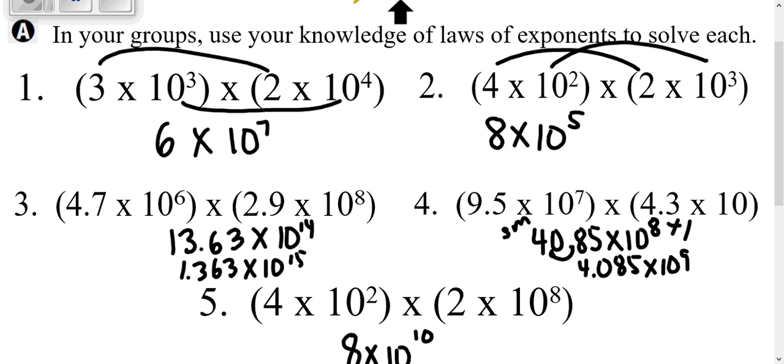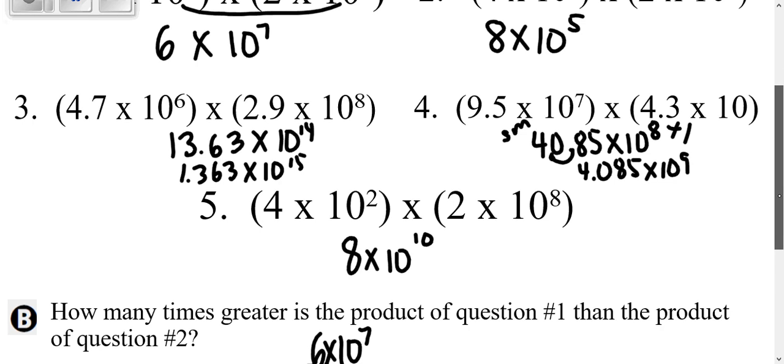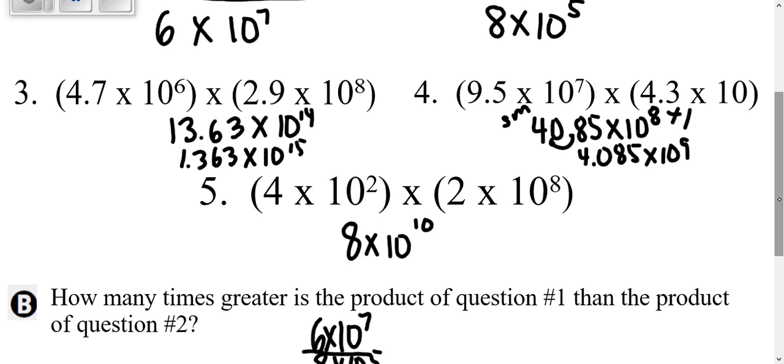Okay, so we're back, and the first 2 we did. And the number 3 is, when you multiply, if you're doing this by hand, which you shouldn't be, you do 4.7 times 2.9, you get 13.63, and you add the exponents, you get 10 to the 14th.